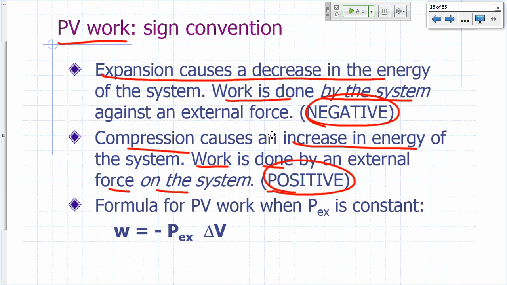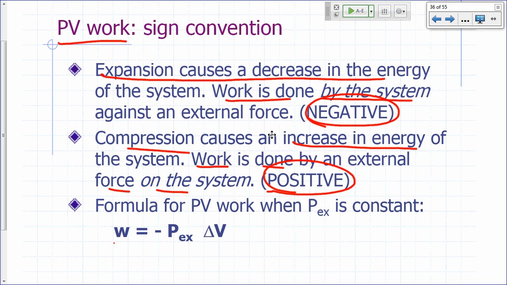So when a system is compressed, we say work is positive. So the algebraic sign of the value for work that we calculate is consistent with that notion of work being positive or negative: positive for compression and negative for expansion.